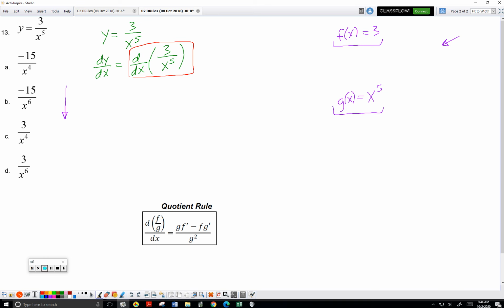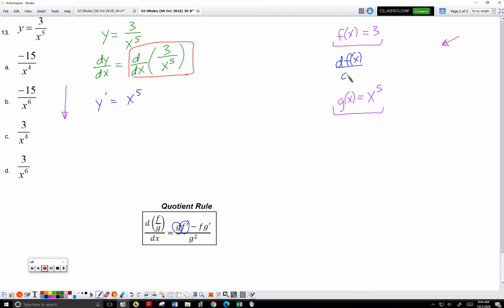So the next line says, we'll just say y prime equals. I'm supposed to take whatever g is. G is x to the 5th. I'm supposed to multiply that by f prime. F prime is exactly the same thing as d of f over dx.